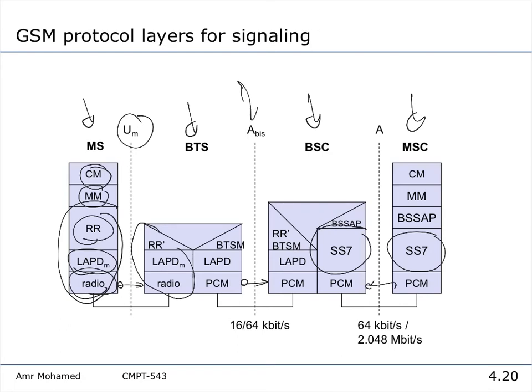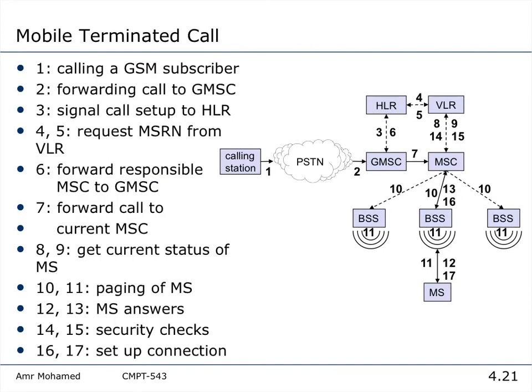Of course, here at each stage we show the interface between the different subsystems. Okay, here is the sequence for paging. This scenario talks about the case where, from a public switched telephone network, basically a landline, someone tries to use a landline to call my phone.